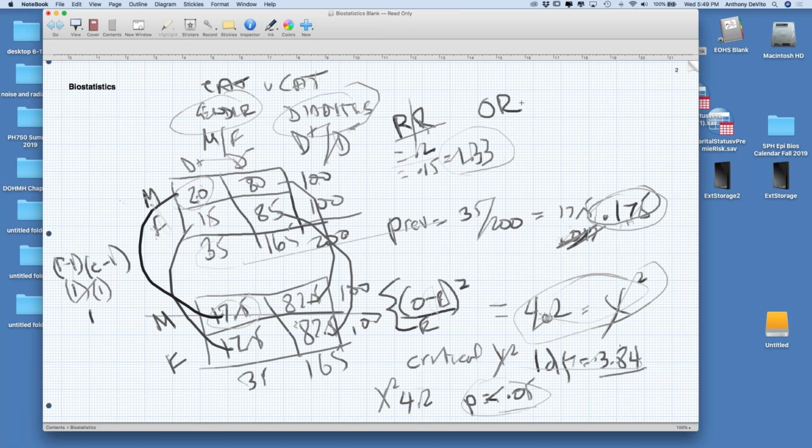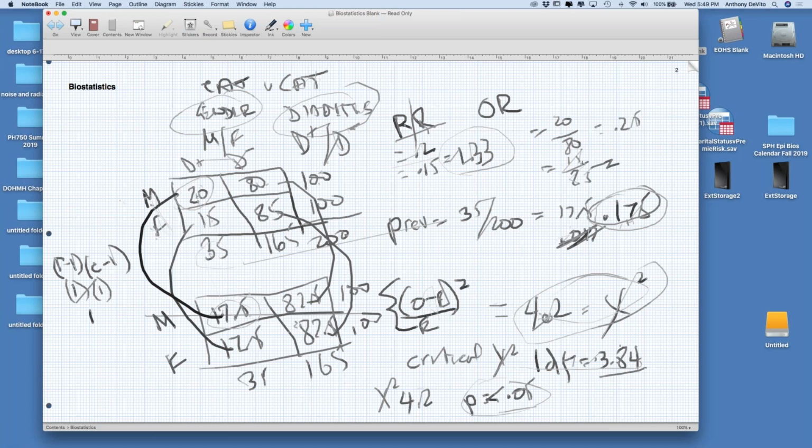What's this odds ratio? How does that work? Well, it's the same deal, except we calculate the odds differently. The odds are, out of 100 people, how many of them have diabetes over how many don't have diabetes. So the odds are going to be 20 over 80 for males, which is 0.25. And for females, it's going to be 15 over 85.